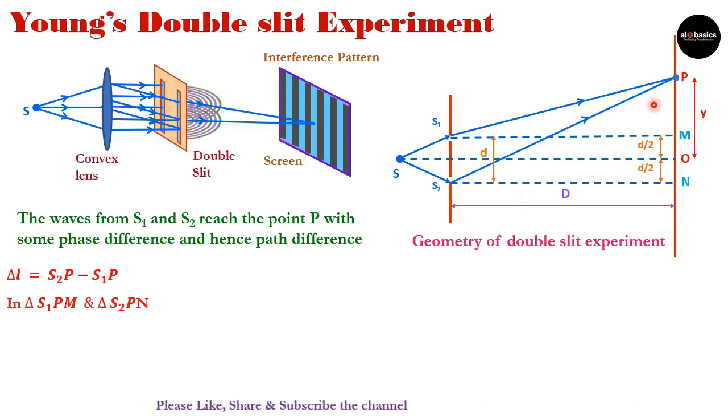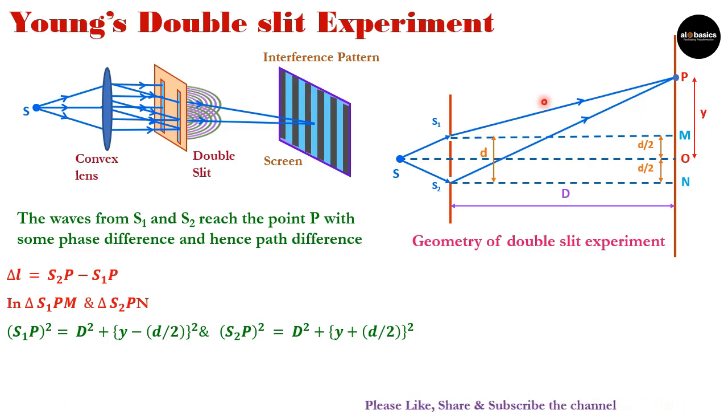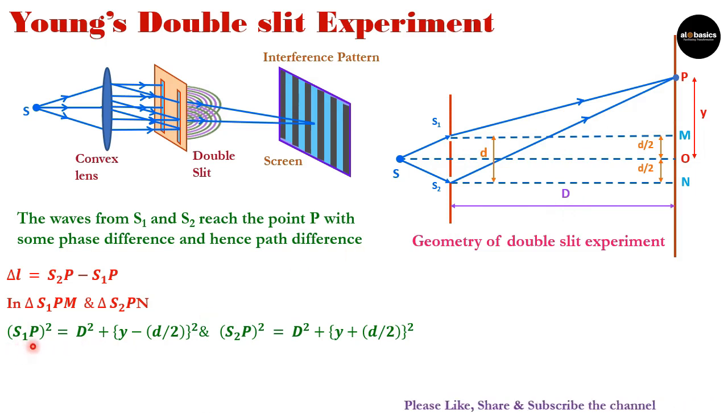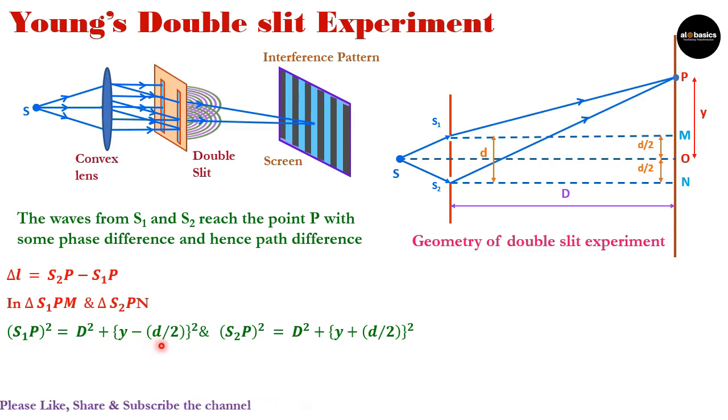So we apply Pythagoras for finding S1P and S2P. First of all we'll go for S1P. S1P square is equal to PM square plus S1M square. PM should be known to us, and S1M is nothing but capital D. So I can write S1P square is equal to D square plus (y minus d/2) whole square.